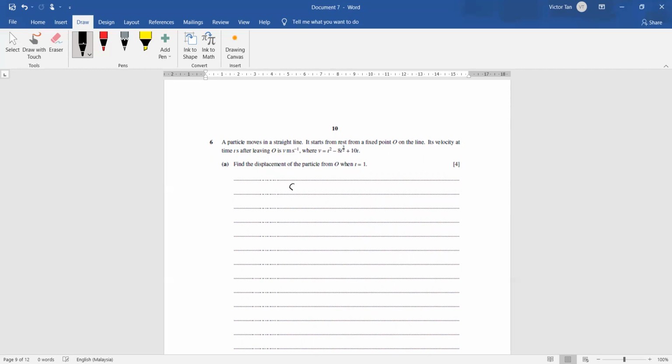So S equals the integral of v dt, from 0 to 1. Integrating, you get t cubed over 3 minus 8t to the 5 over 2 over 5 over 2, plus 10t squared over 2.